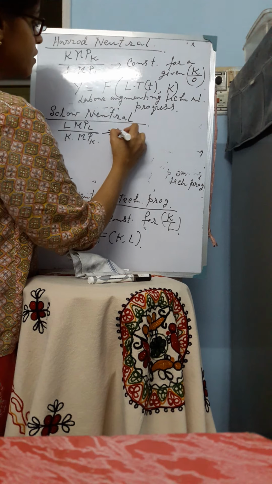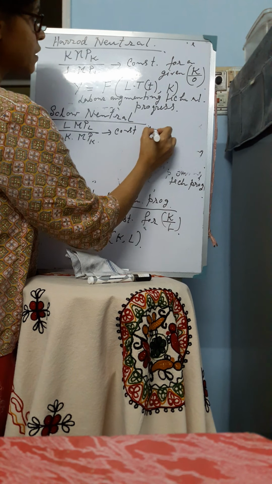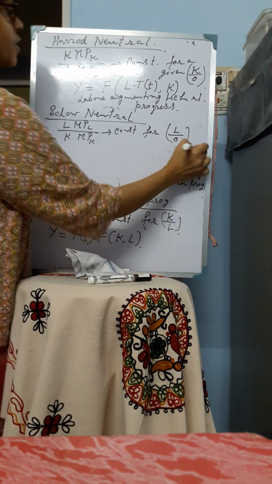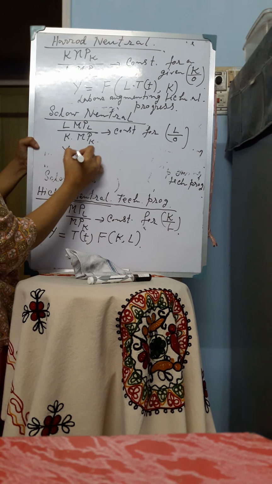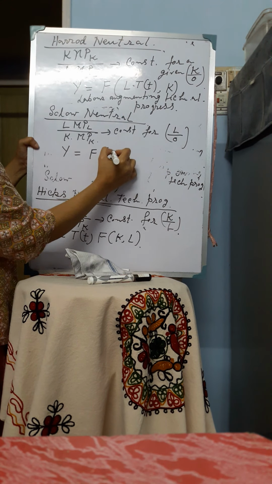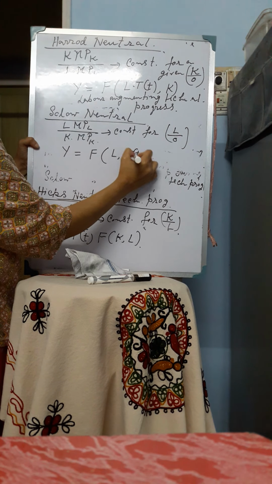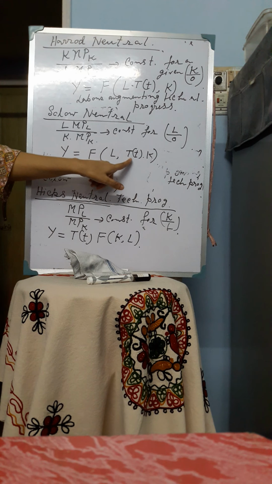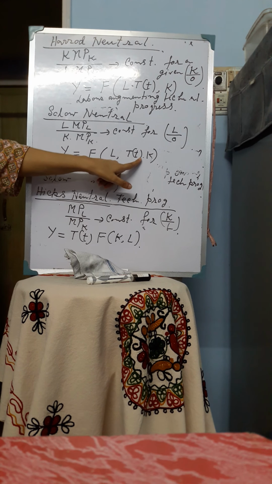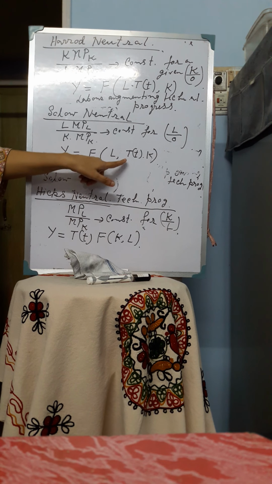So now here the production function can be written as Y is equal to F(L, T(t) into K). So here the technological factor T(t) appears as a multiple of K in the production function.